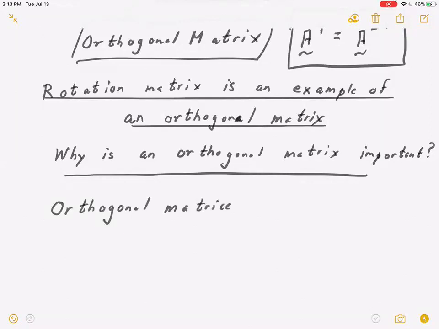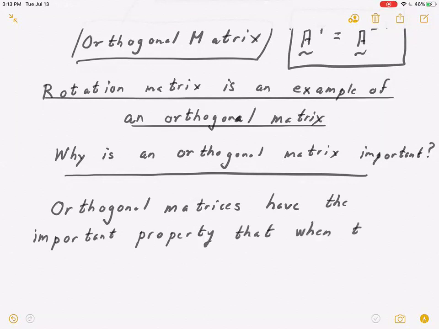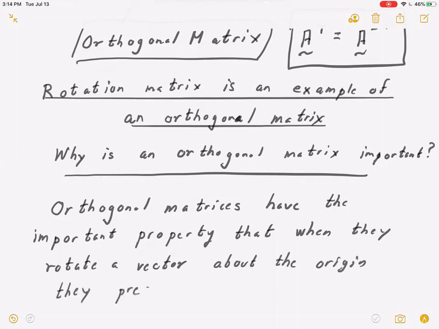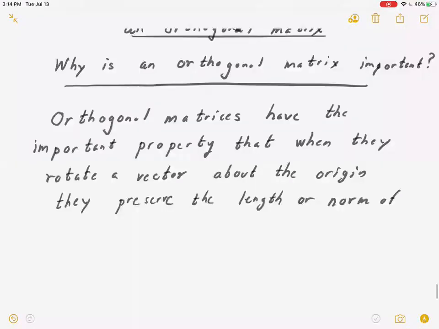Orthogonal matrices have the very important property that when they rotate a vector about the origin, they preserve the length or norm of that vector.